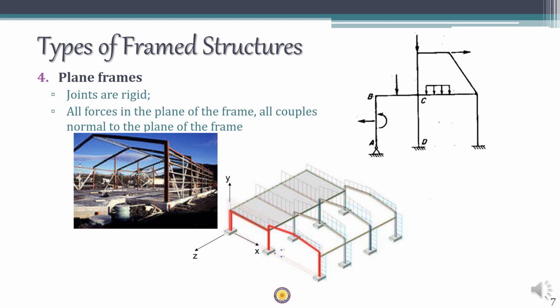The important thing to note is that all the forces in plane frames lie in the plane of the frame, and all the couples will be normal to the plane of the frame. So you can have vertical forces and horizontal forces, but you cannot have any forces coming out of the plane.